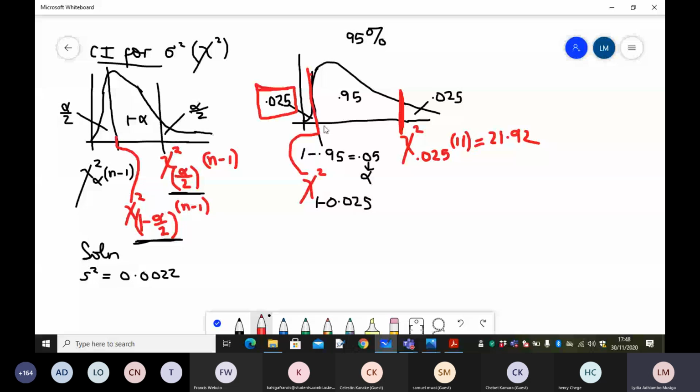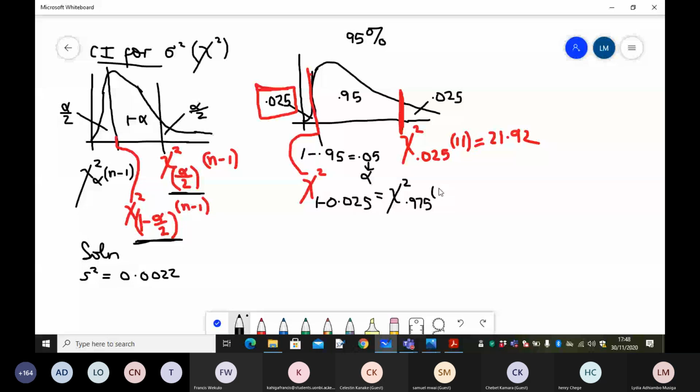So it's 1 minus 0.025, and that gives us chi 0.975 with how many degrees of freedom? 11.